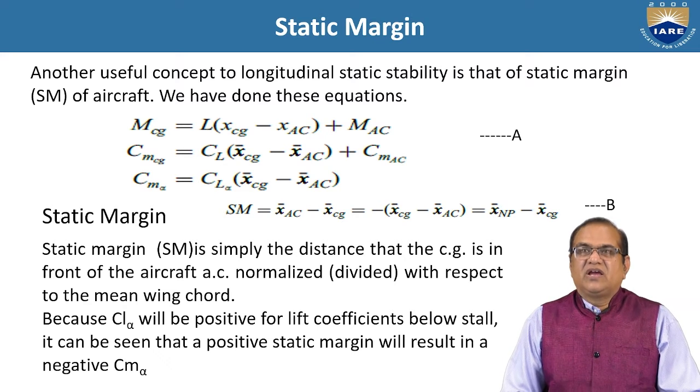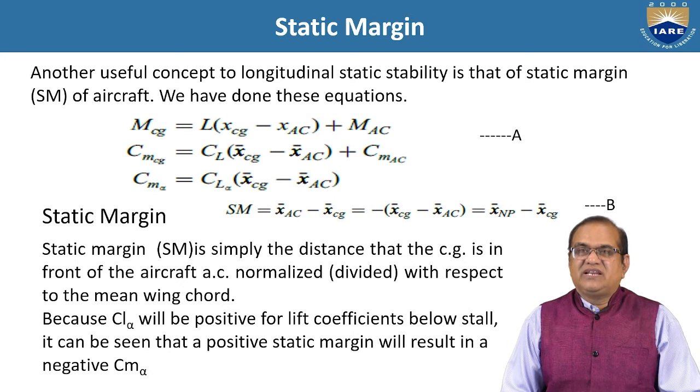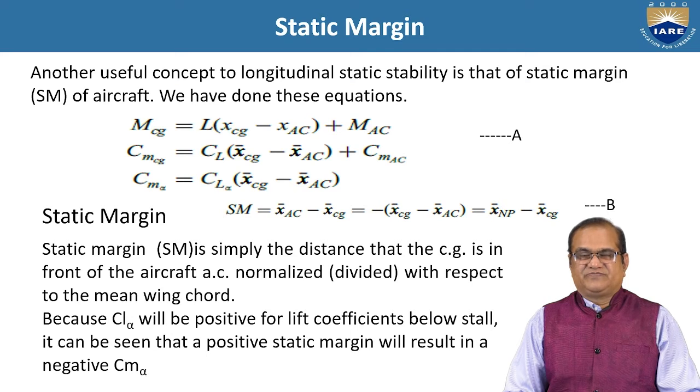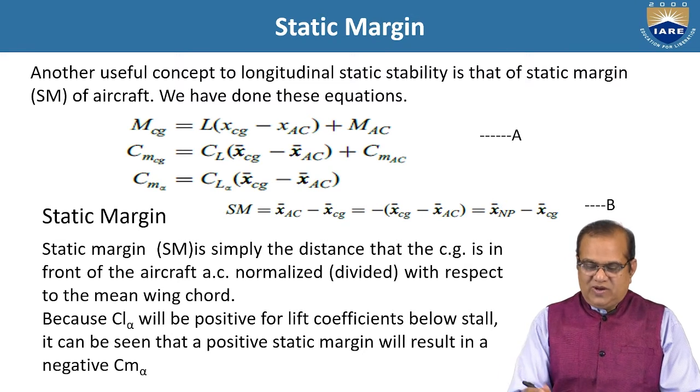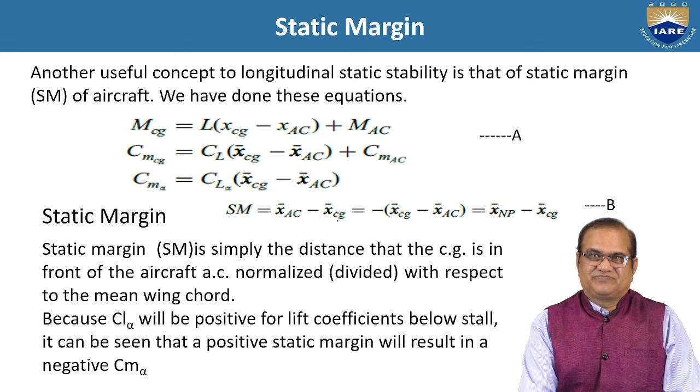So here we can see that the static margin is the difference between the aerodynamic center and the center of gravity location. So SM, static margin, is equal to x bar AC minus x bar CG.